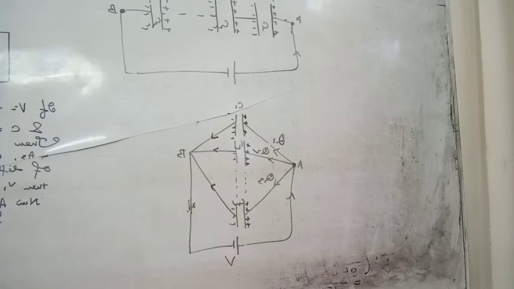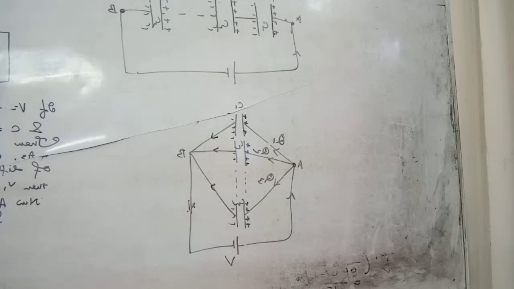We say that two or more capacitors are said to be connected in series if the negative plate of the first capacitor is connected to the positive plate of the second one, and the negative plate of the second capacitor is connected to the positive plate of the third one, and in this way the process continues, and here the charge remains constant. Then the capacitors are said to be connected in series.